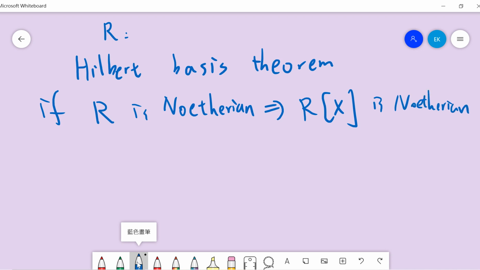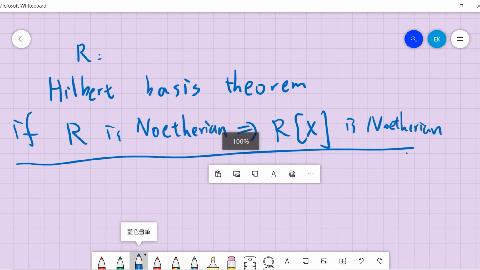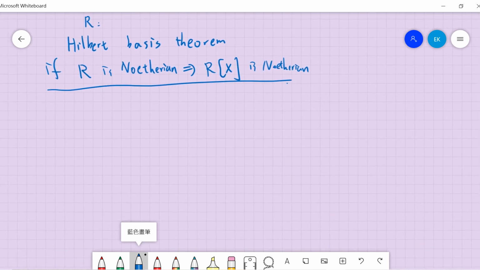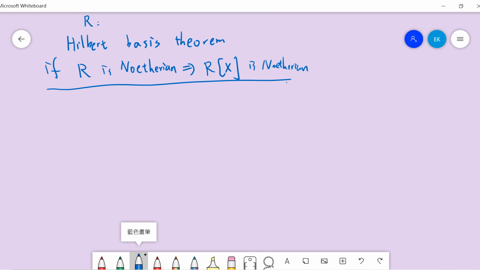This is the famous theorem in commutative algebra, and probably the key to algebraic geometry. So I want to prove it and make a recording.